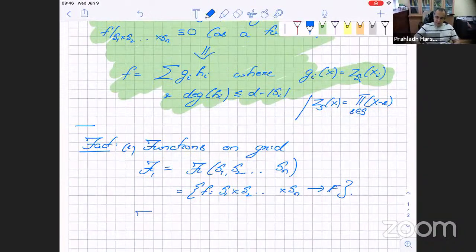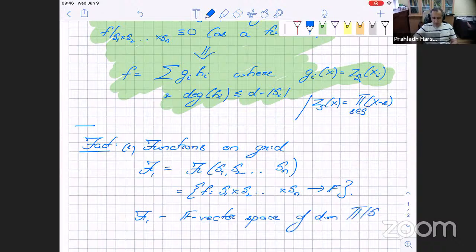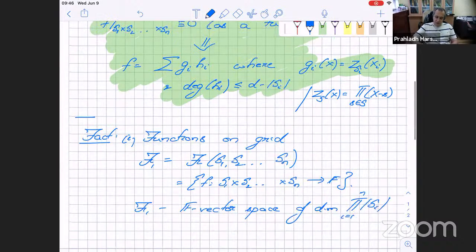It's easy to see F1 is an F vector space of dimension the product of the sizes of Si. We saw this. This is clear.